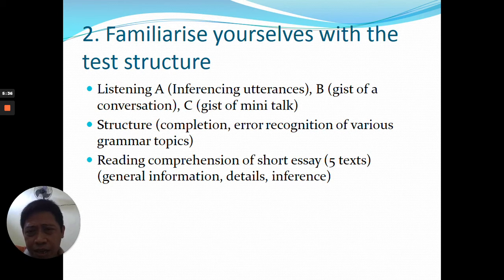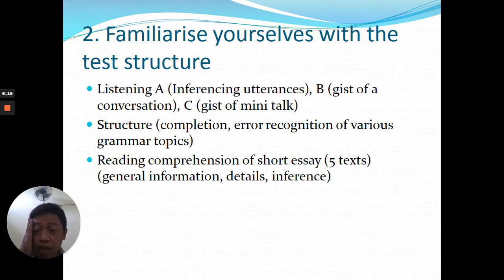If we can conclude from this test structure, you can figure out that this is mostly testing not your communication skills, but your knowledge about language skills, especially the receptive knowledge, but not the productive one.